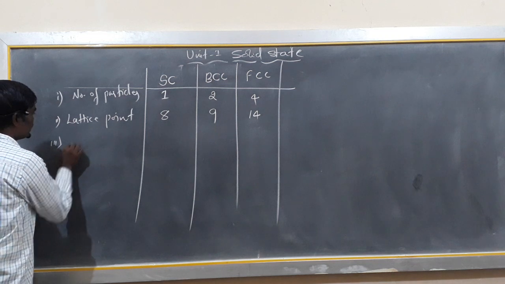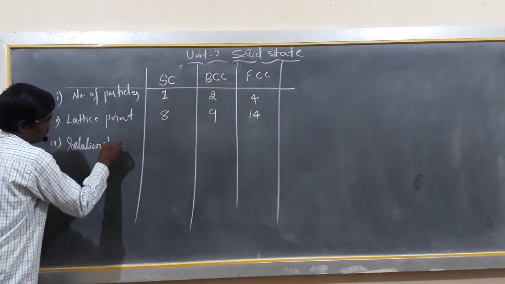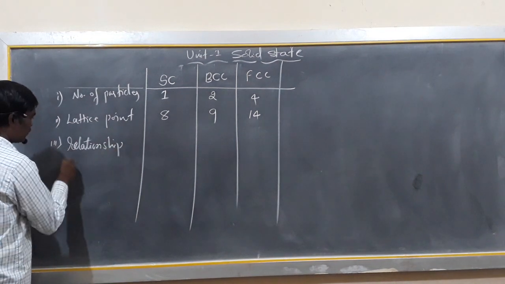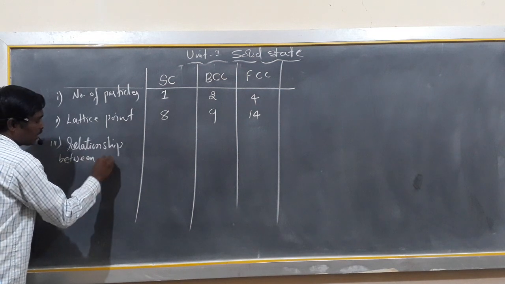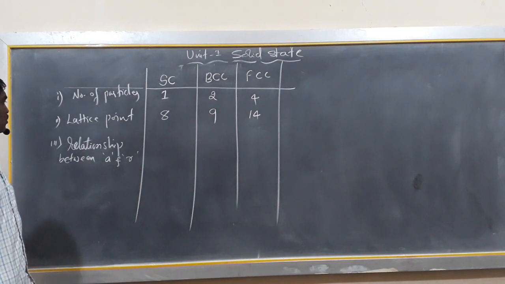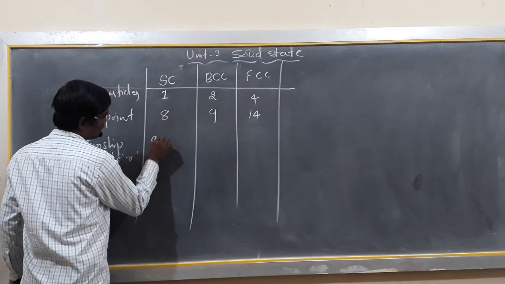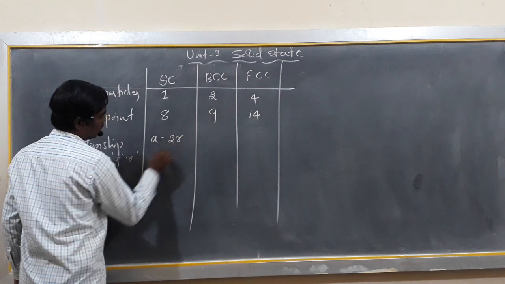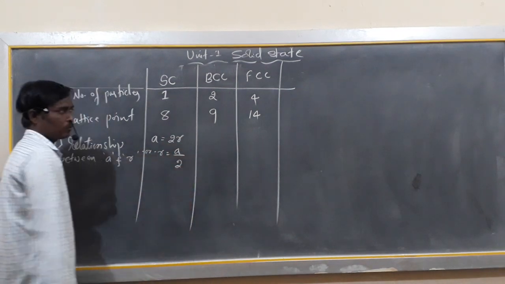the relationship between a and r, that is, the edge length and the radius of the sphere. In a simple cubic cell, the edge length is equal to 2r, or we can write r equals a by 2.